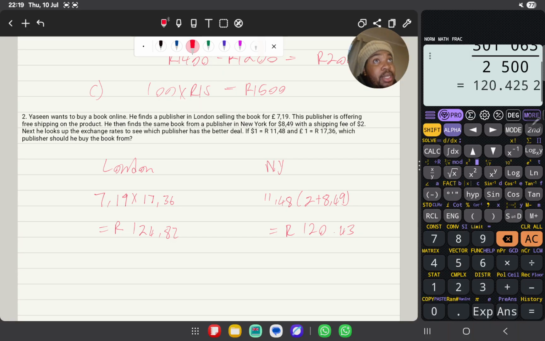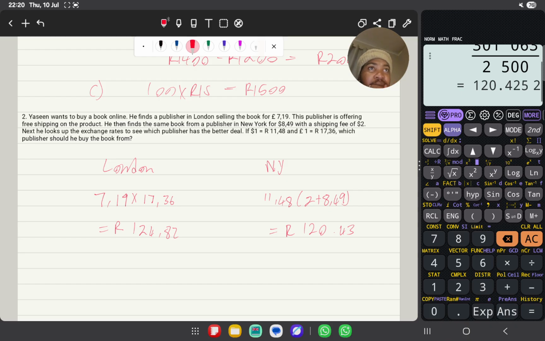So it becomes clear now that if you were Yasin, where would you buy your stuff? You would buy where it is cheaper, and as a result, you're going to buy from New York.